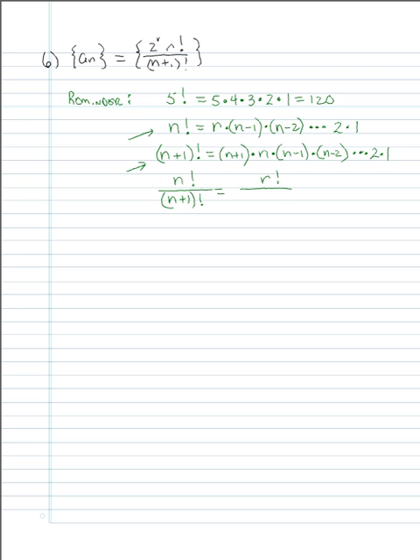Let's say that's n plus 1, and then it's times all of this, isn't it? And all of this is n factorial. So n plus 1 factorial is the same as n plus 1 times n factorial itself. And so those n factorials are actually going to cancel, and we're going to be left with just 1 over n plus 1.